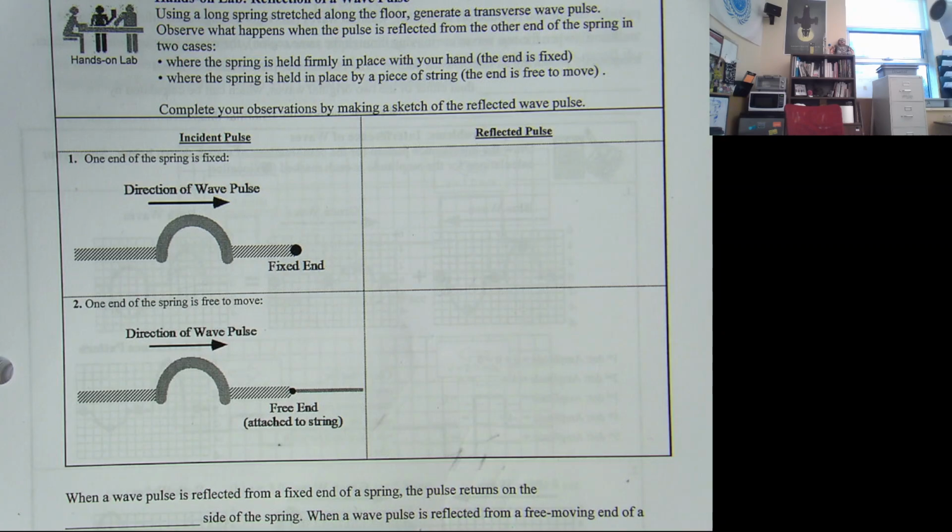If it's that fixed end like it had before, the wave actually flips, moves around to the other side. When it hits that knot, that's an example of an interface between two different media. Waves will actually reflect off that, as you can see. It's bouncing off of that and it's coming back on the same side.